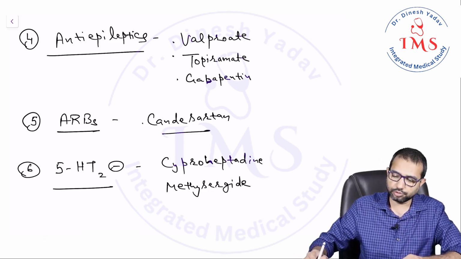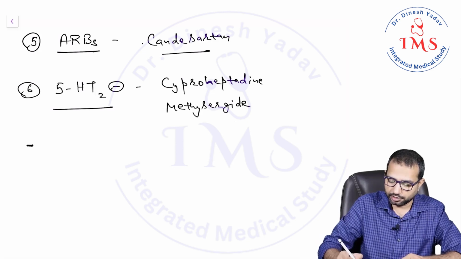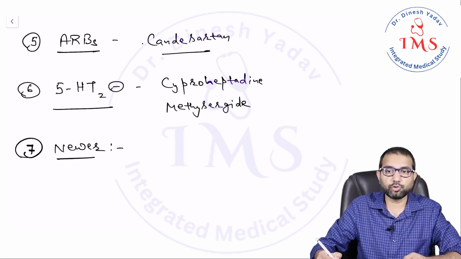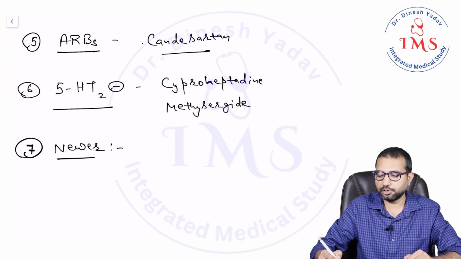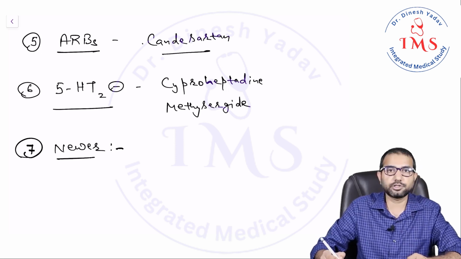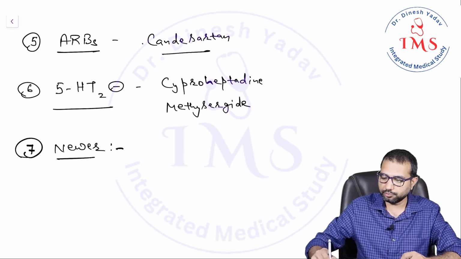Now guys, in this also we have some newer drugs, and the newer drugs in chronic migraine or prophylaxis of migraine, this is important, are the monoclonal antibodies. So guys, these monoclonal antibodies are targeting the CGRP.